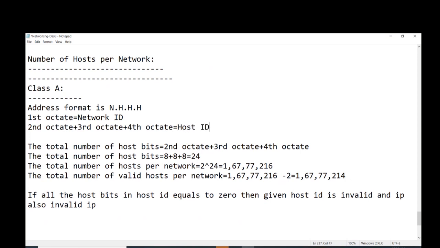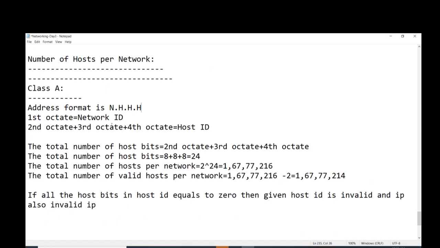So all these three together are considered as the host ID, and this one you consider as the network ID. Based on that we calculated the total number of host bits: here 8, here 8, here 8, so total 24. 2 to the power of 24 gives you the total number of hosts per network.